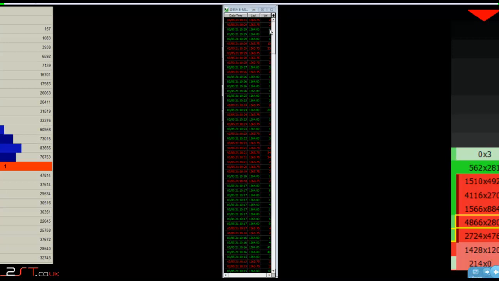So different data feed providers can sometimes display this data differently. Sometimes they bundle the data, and you won't necessarily have all of the orders as individual orders come through, but most data feeds now do show you each and every single order separated.